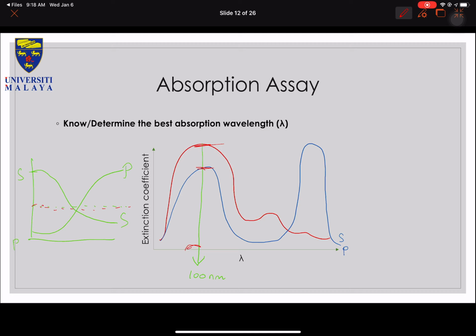Of course, in this case, since product is the blue line, what you will see is a slight diminishing of the overall absorbance. Okay, you will see a decrease, but a small decrease like that does not allow you to actually see what's happened. What you want is this, the optimal graph that you want to see.